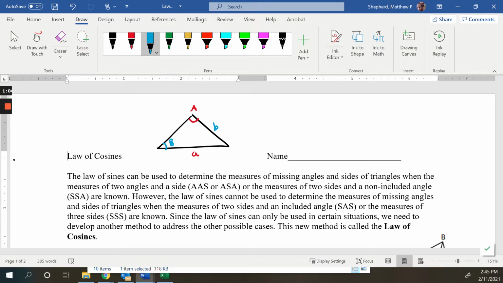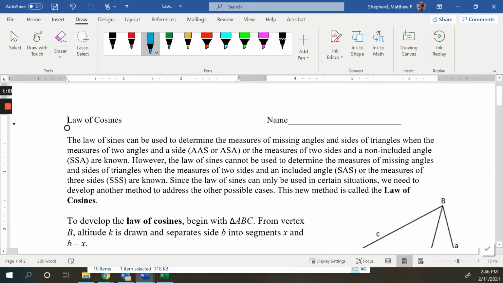So long as I have a pair of an angle with its opposite side, I could use any other piece of information to figure out the rest of that triangle. And so that's where law of sines was useful, when I had that angle mixed with an opposite side.